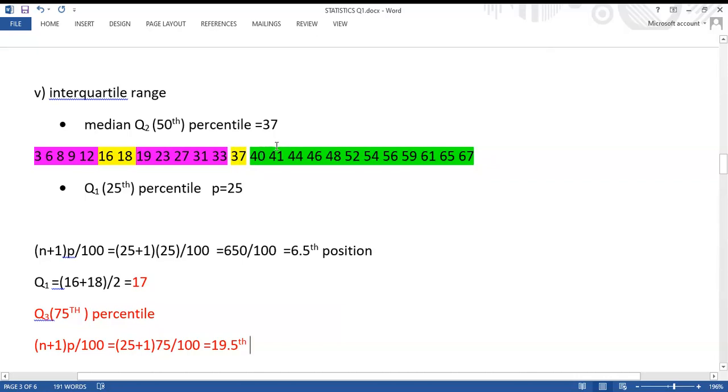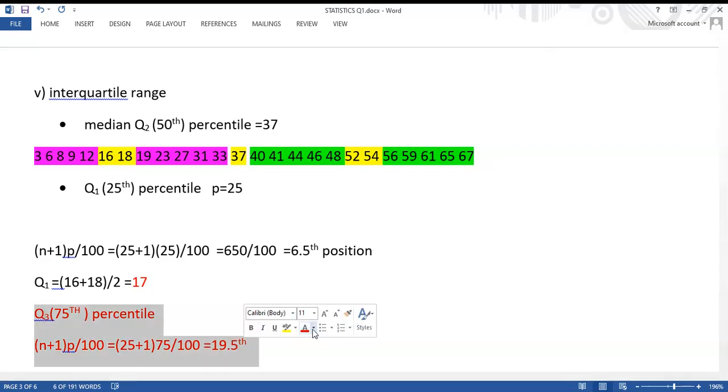So 14, 15, 16, 17, 18, 19. So in between here, between 52 and 54. One, two, three, four, five. This side, 1, 2, 3, 4, 5. Are we okay with that?